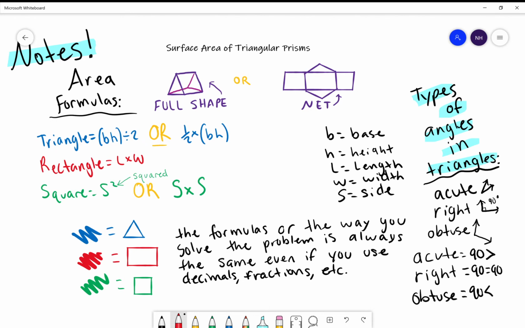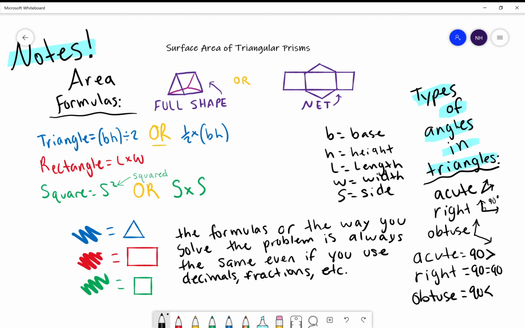Right here, I have some color coding that I'm going to use while solving the problems. Blue equals triangle, red equals rectangle, and green equals square. Here is a really important note to keep in mind while you're solving the problems.